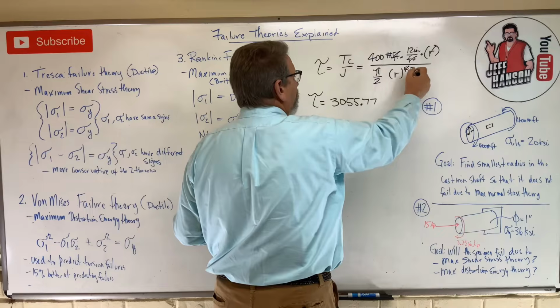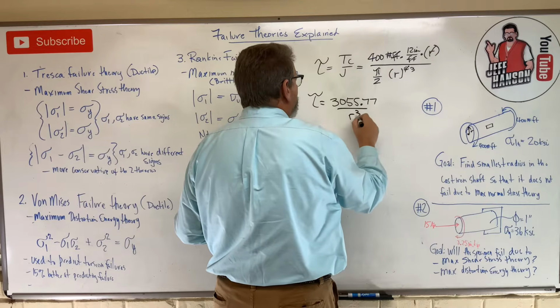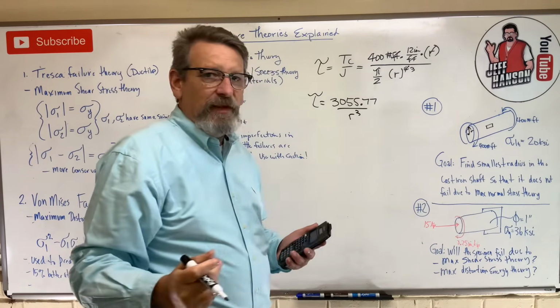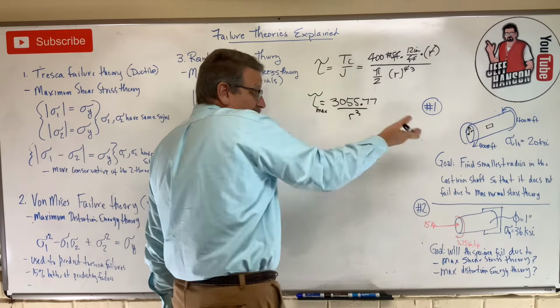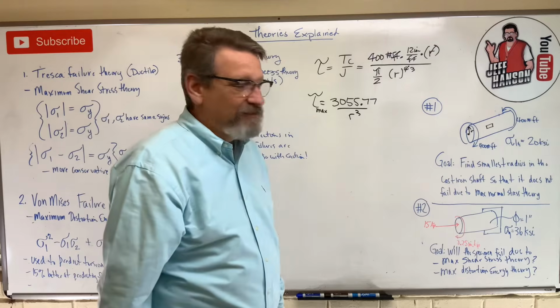One of those r's is going to go away, divided by r cubed. Do you agree? Okay, so that's tau max. That's the biggest shear on that shaft, tau max, okay?